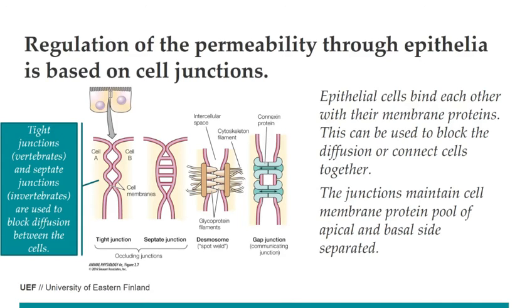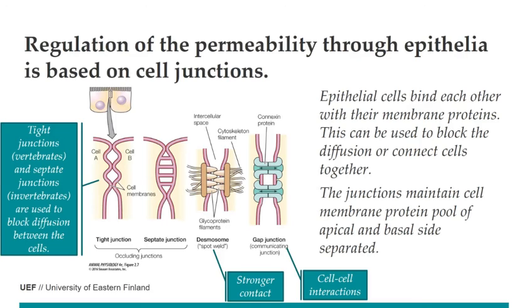They're doing the same thing. They're gluing these cells together and limiting the access of particles to flow between these cells. And then we have different kinds of junctions that are making stronger contacts or interactions between the cells, so a particle that is in one cell can be transported to other cells, etc.